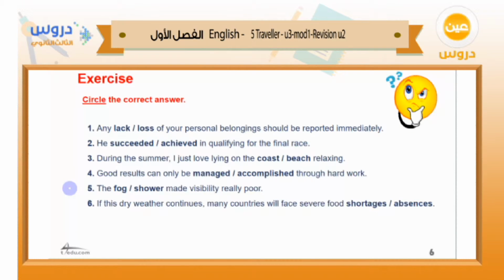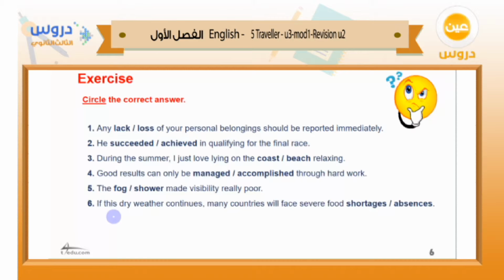Another exercise, but in this exercise, your job is to circle the correct answer. Number 1, any loss of your personal belongings should be reported immediately. Number 2, his success achieved in qualifying for the final race. Number 3, during the summer, I just love lying on the coast, beach, relaxing. Number 4, good results can only be accomplished through hard work. Number 5, the fog shower made visibility really poor.